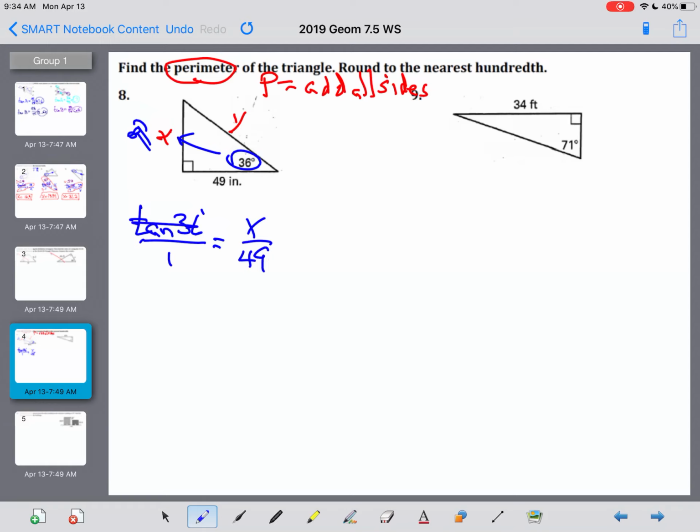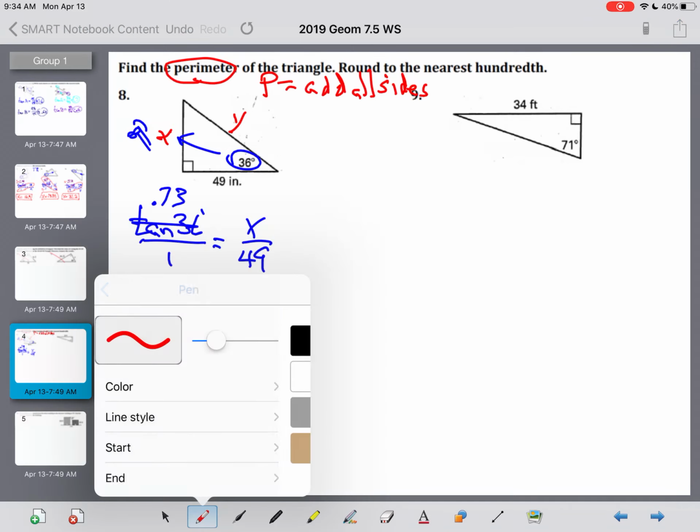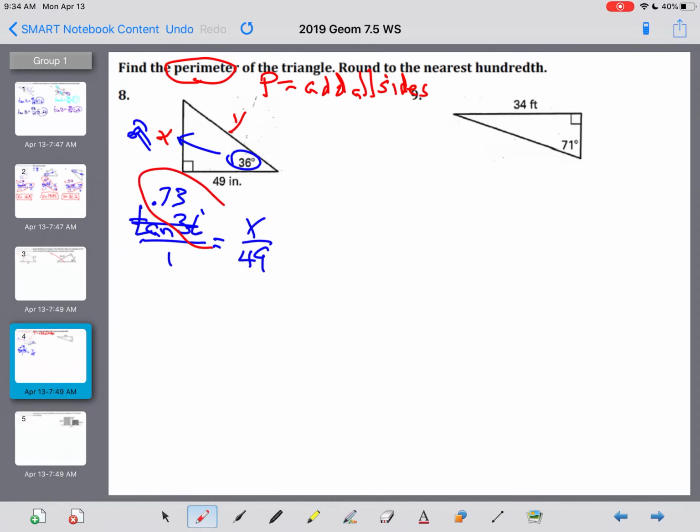Tangent 36 is 0.73, and then I can go ahead and do my teacher approved shortcut here. So x equals 49 times 0.73, so that's 35.77.